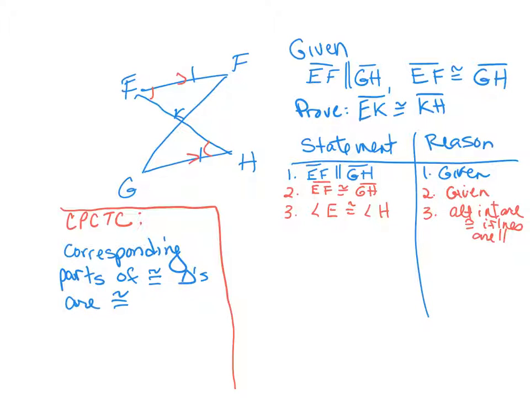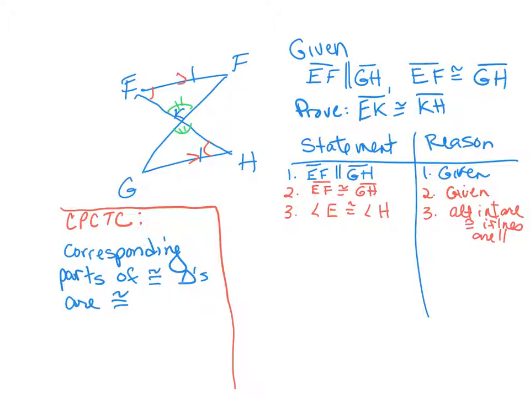Got it? And now when we say EF is equal to GH, that gives us a side and that gives us an angle, right? Now you're going to go to your cheat sheet and you're going to say what other thing is in this picture. And that's right, it's an X. So the vertical angles, and I'm going to mark that in green, are congruent also.